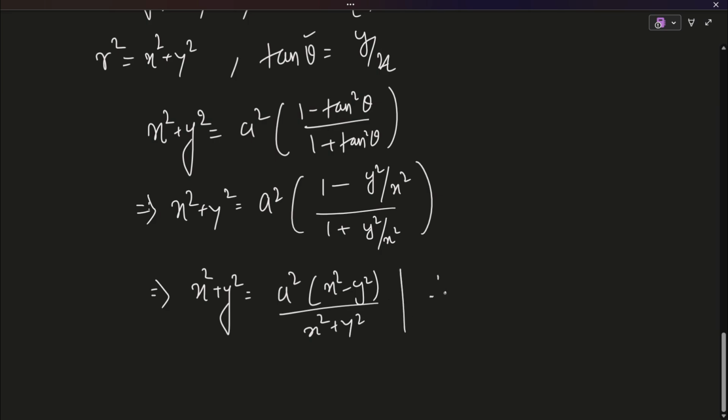And therefore, the equation for the graph in the Cartesian plane should be x square plus y square whole square, by cross multiplying this x square plus y square in the denominator and taking it to the left hand side, equals a square into x square minus y squared. This is the required equation in the Cartesian plane.